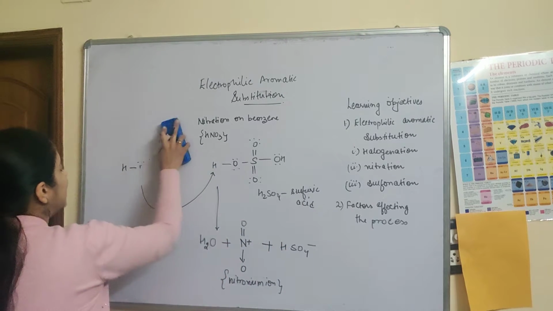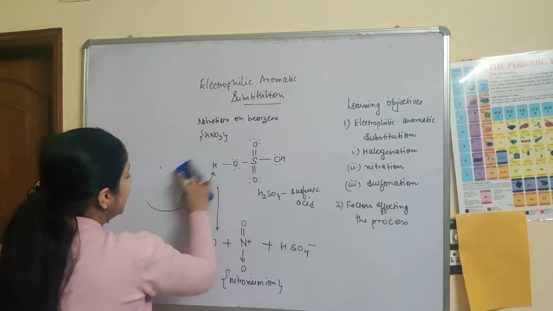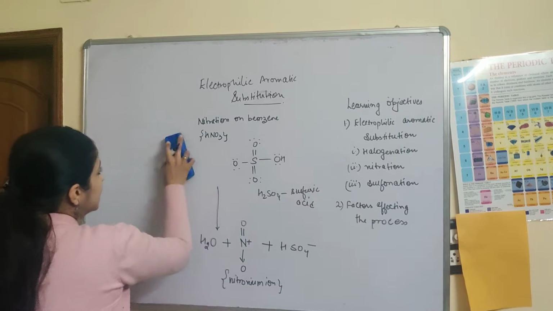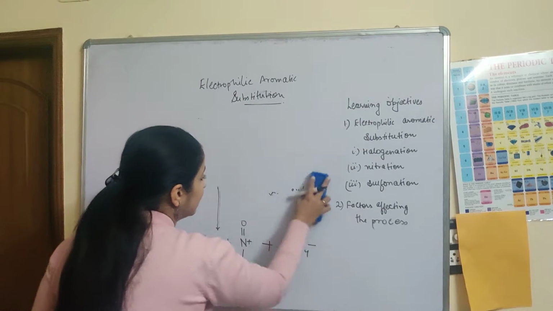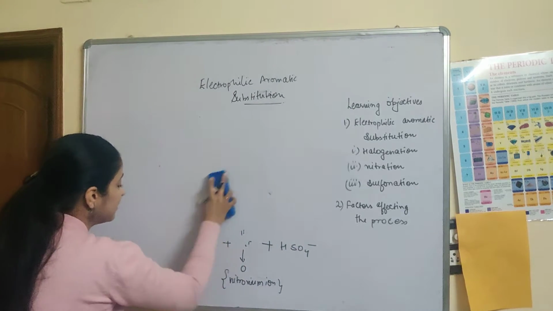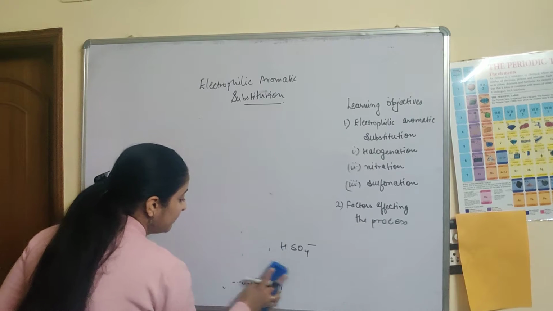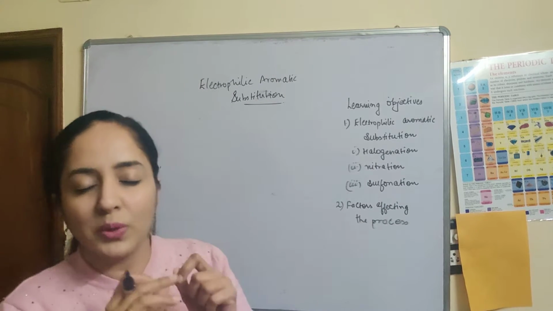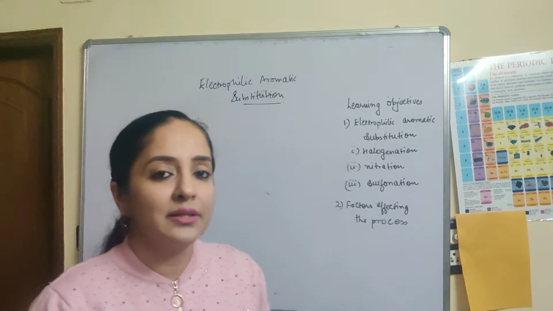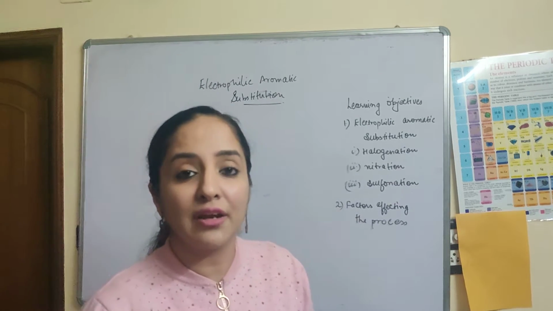Now let us talk about the attack of the electrophile on the benzene ring. I would advise you, students, to keep on noting the reaction mechanism as we are going along, because if you write each and every single step of the mechanism, it becomes very easy for you to revise when you are reading it again for your exam.